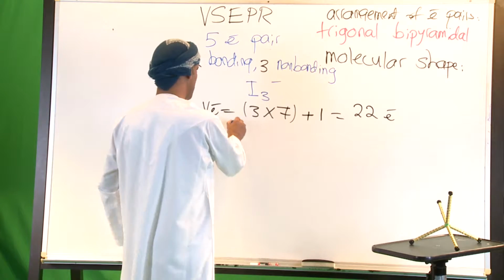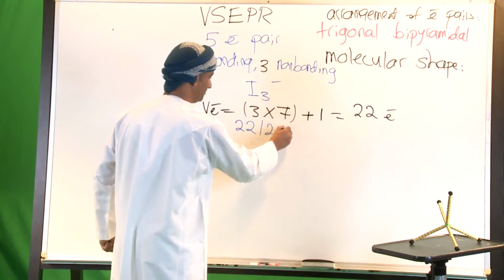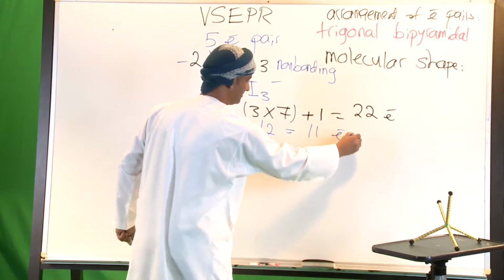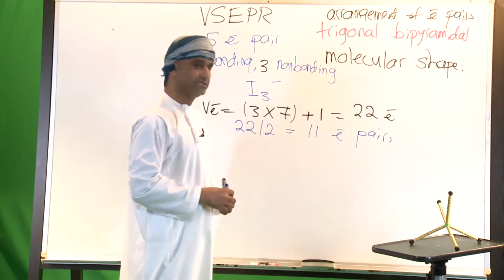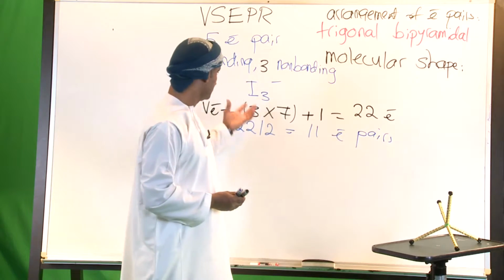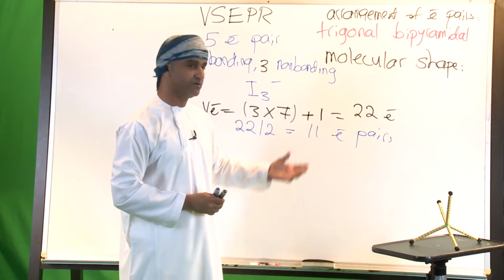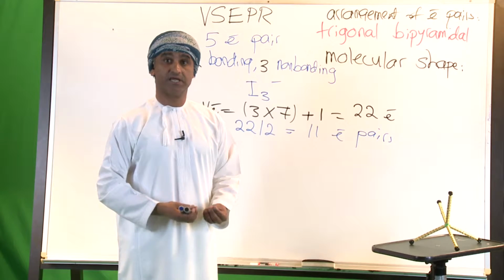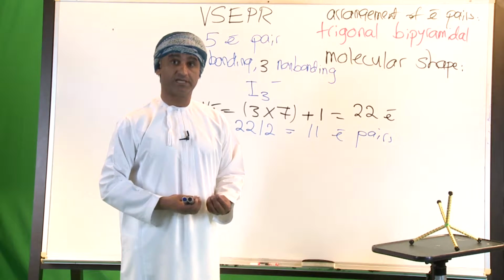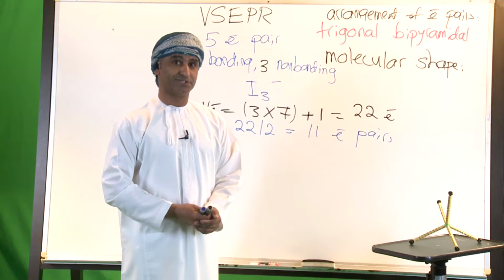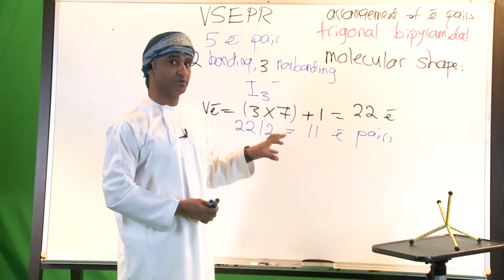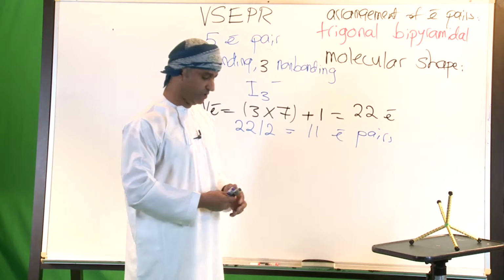If you divide 22 by 2, we get 11 electron pairs. So there are 11 electron pairs in this triiodide ion. We need this information again as a guideline in order to predict a possible Lewis structure, for which we begin with the central atom, which is iodine.